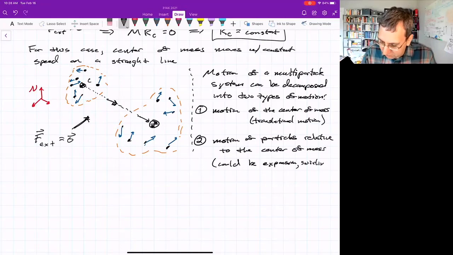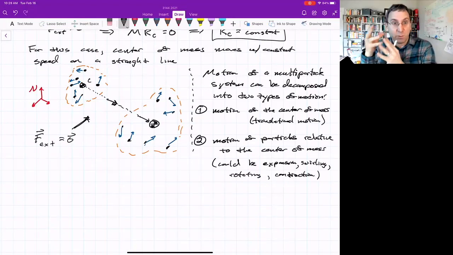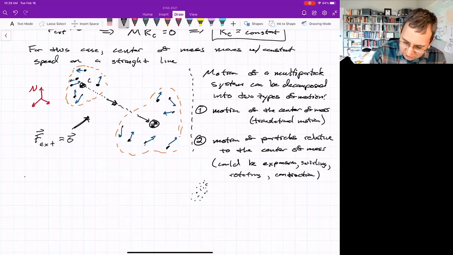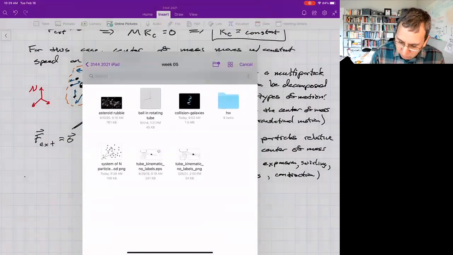These are not technical terms. This is just to give you a visual. Rotating, maybe contraction is happening. It kind of moves like a very deformable body, although they're separate particles. Right, so we've got a cloud of particles. And you might not know this, but many asteroids are actually rubble piles.